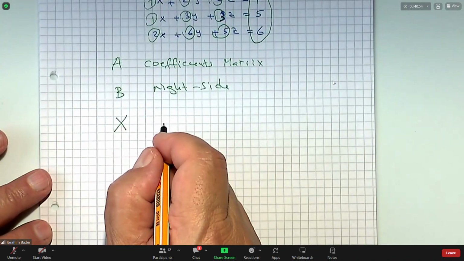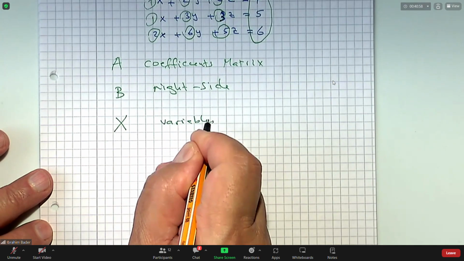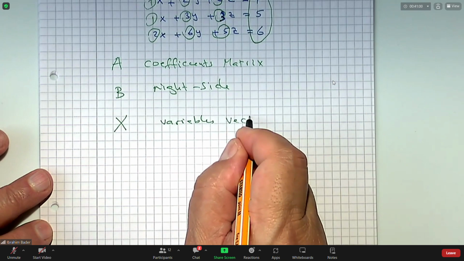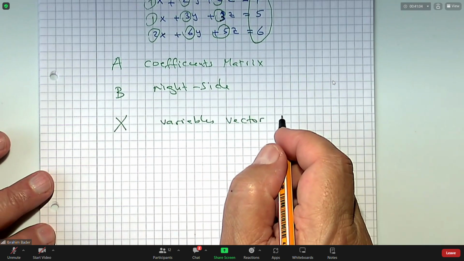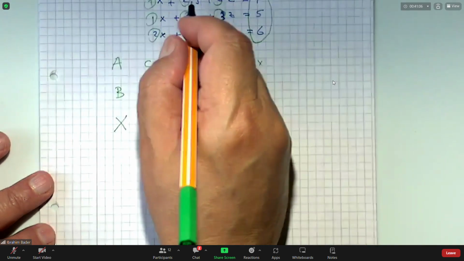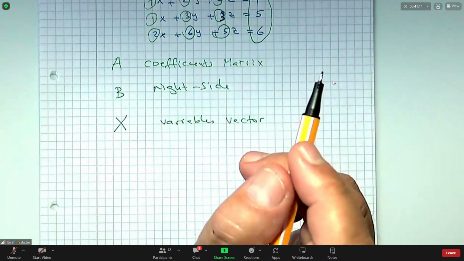I will take another vector, which is the variables, and I will call it capital X. This capital X will include the x, y, and z variables.